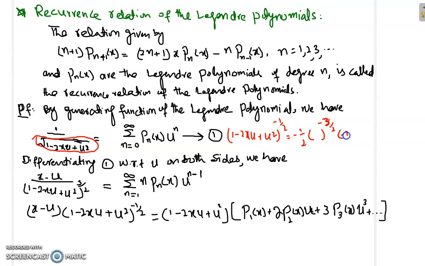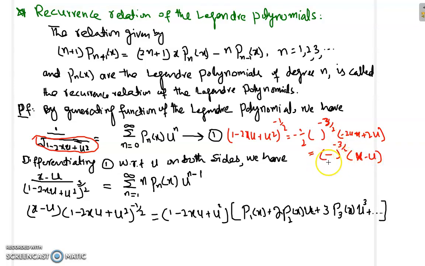So this can be written as minus 2x plus 2u. We can take minus 2 common over here, and this minus 2 and this minus 2 will cancel, and this is the whole expression with its power minus 3 by 2, and here we can write (x minus u), since we have taken minus common.